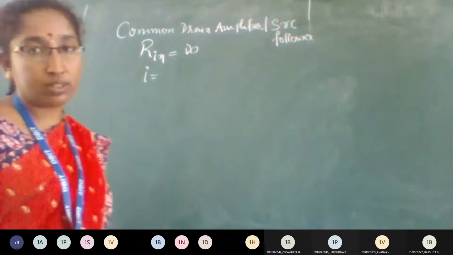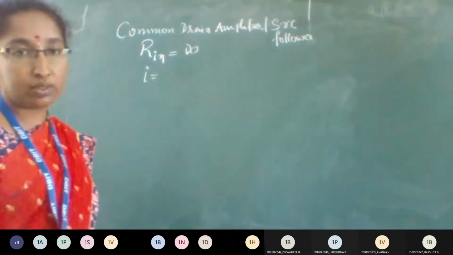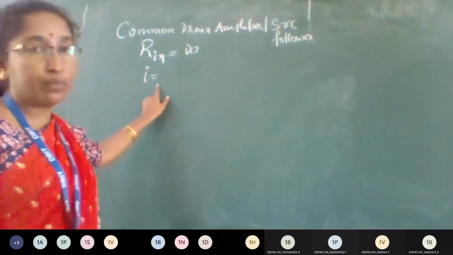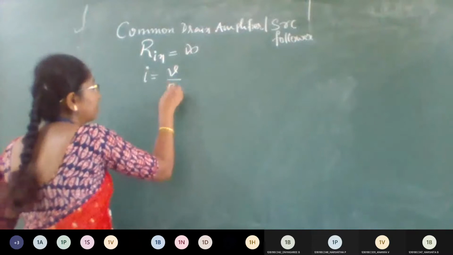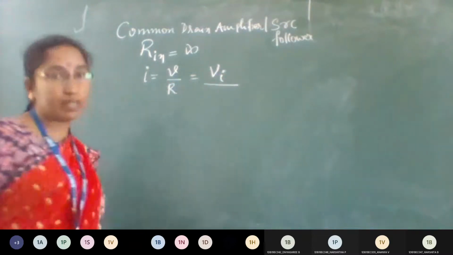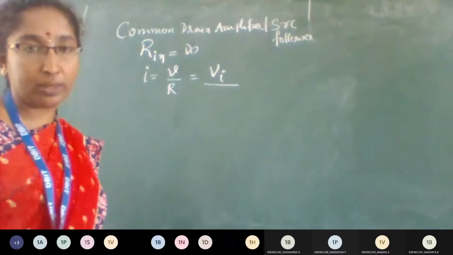I flows from the drain to the source, and the drain terminal is grounded. So the current will be voltage by resistance. The voltage is nothing but your input voltage Vi, divided by the sum of the resistances. What is the total resistance in your model?